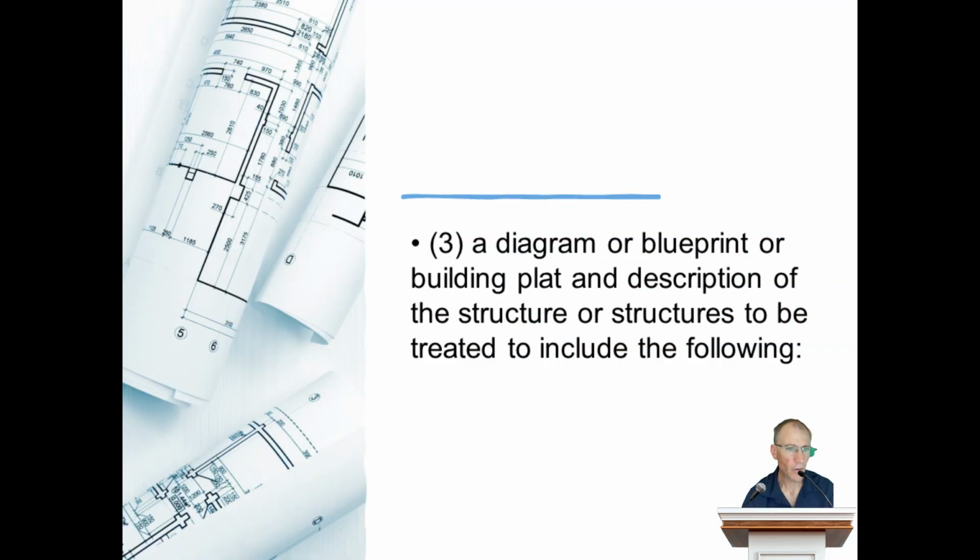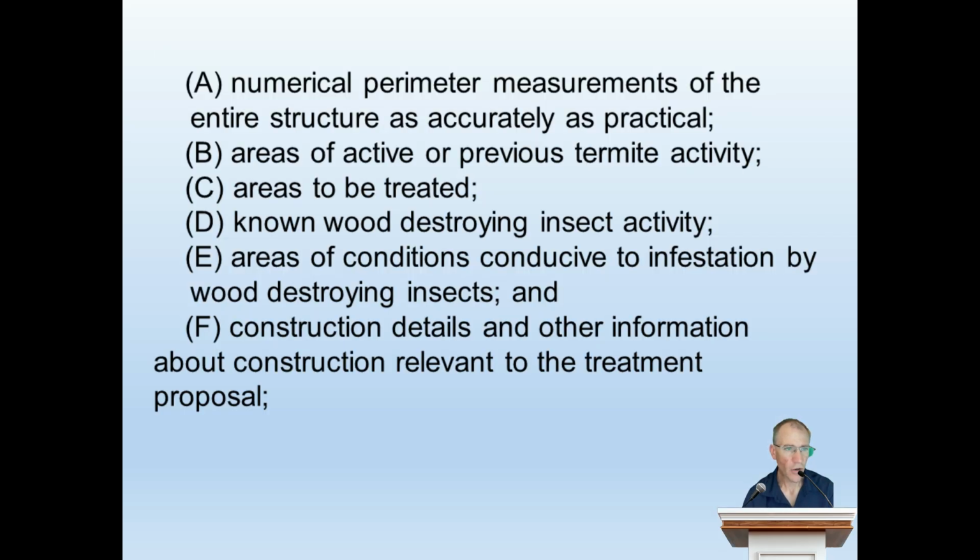3. A diagram or blueprint or building plat and description of the structure or structures to be treated, including the following: A. Numerical perimeter measurements of the entire structure as accurately as practical. B. Areas of active or previous termite activity. C. Areas to be treated.